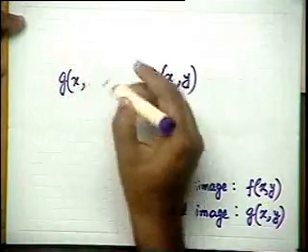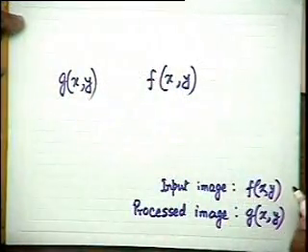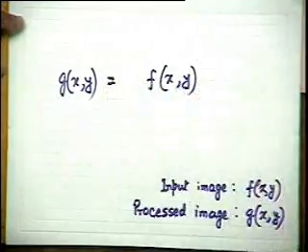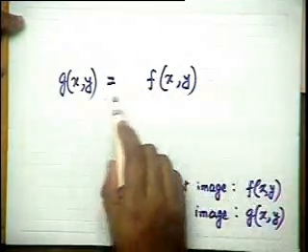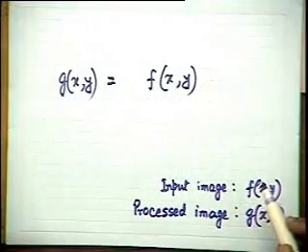Our image processing function can now be written as follows. g(x,y) is definitely related to f(x,y), because obviously the processed image must be obtained by doing some operations on the input image itself.